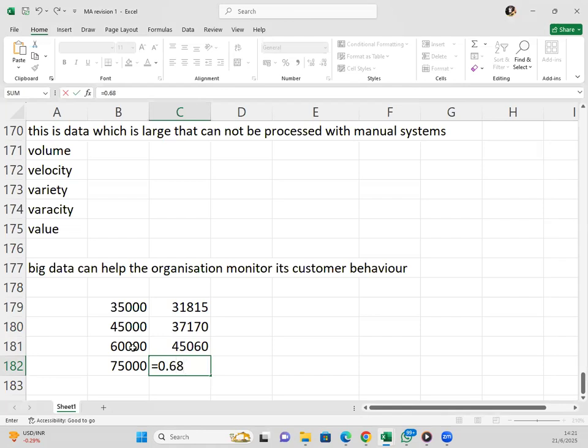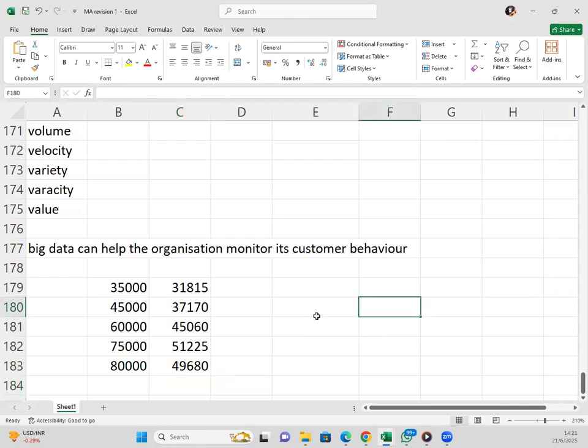That's not the last one, there's also year 5 for 80,000. So the discounting factor is 0.621.